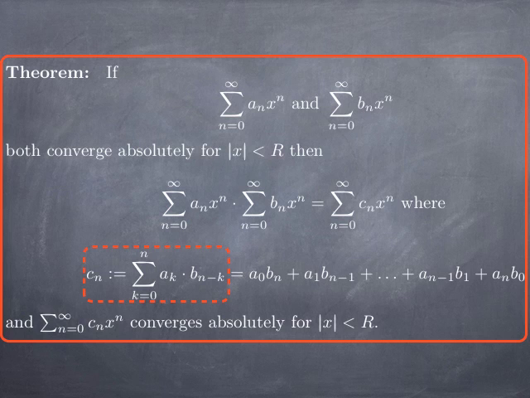So you have to multiply ak by b indexed by n minus k, and do that for all the possibilities, which means that k is going to run from 0 to n. This is pretty much the process that we've described in the previous example. So with these coefficients, we obtain a power series of coefficient Cn that represents the product of the two power series.